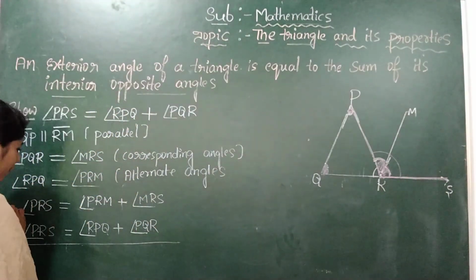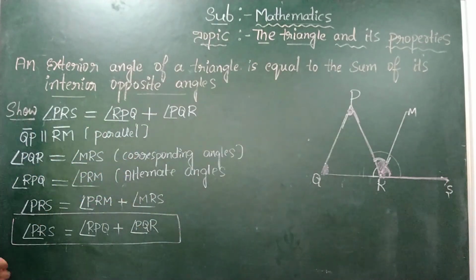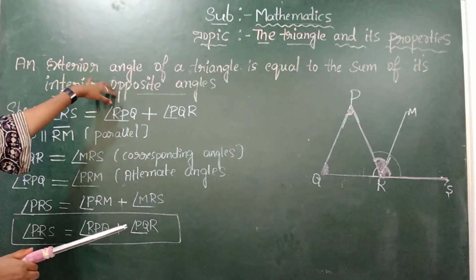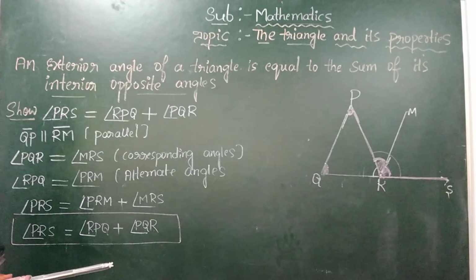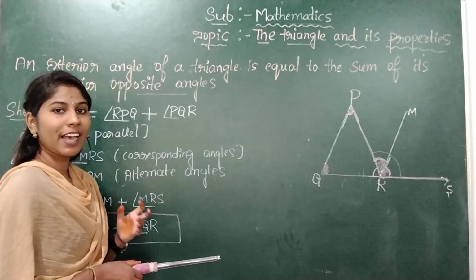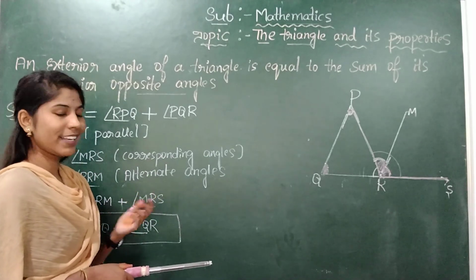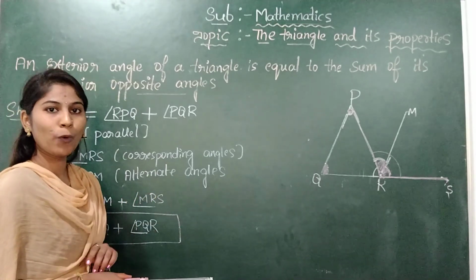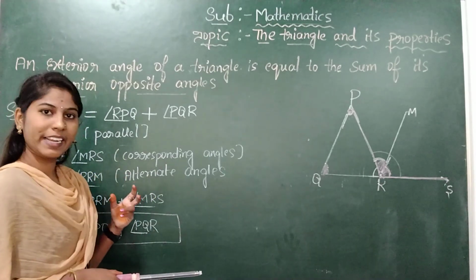This is the final property. Finally we can tell that the exterior angle of a triangle is equal to the sum of its interior opposite angles.